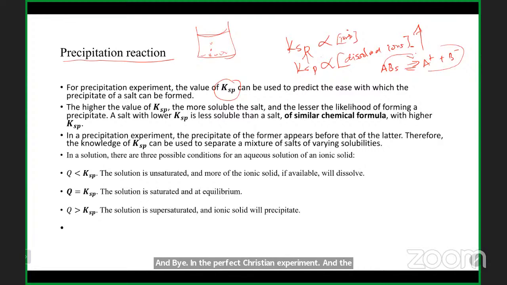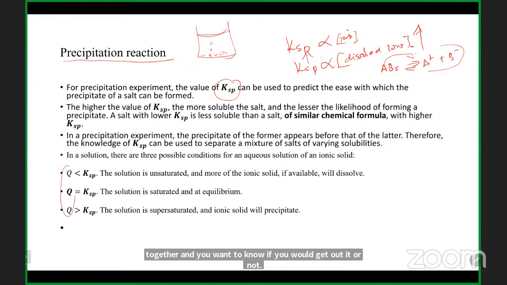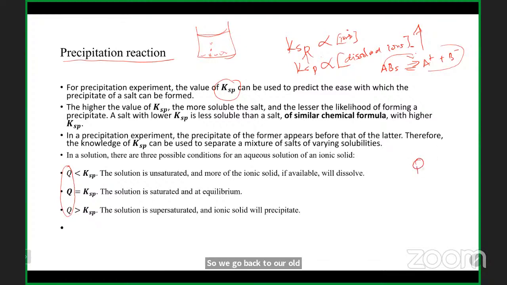In a precipitation experiment, you are trying to mix things together and you want to know if you would get a precipitate or not. So we go back to our old friend, the reaction quotient Q. Q has the same expression as KSP, but it is not necessarily at equilibrium, unlike KSP, which must be calculated at equilibrium.